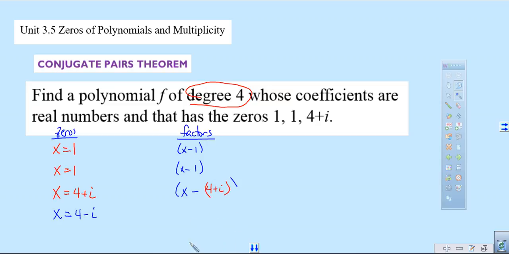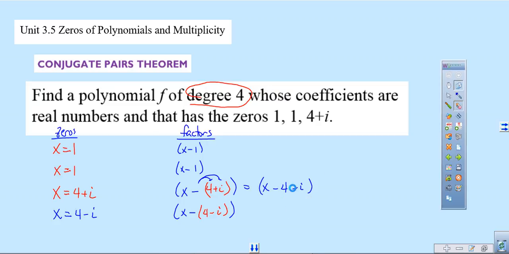And then the next one becomes x minus 4 minus i. Obviously, we could simplify this a little bit, and this could really become x minus 4, if we distribute that negative sign through. So x minus 4 minus i. I know that looks weird, but that's the deal.